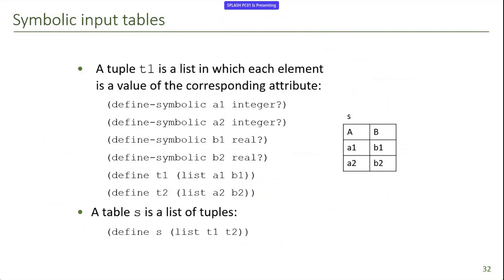Yes. So you can see this example of symbolic input tables. We encode this as a list of symbolic tuples, and each tuple is a list of attributes of symbolic values. And then we translate the evaluation of the Datalog program over that list of lists, and then finally add some assertions.